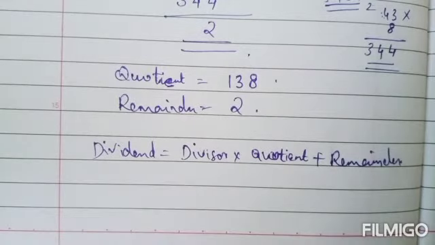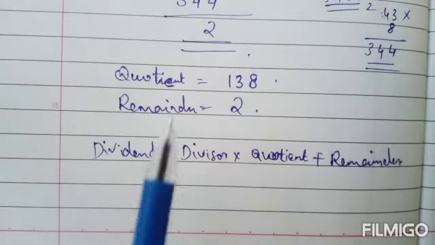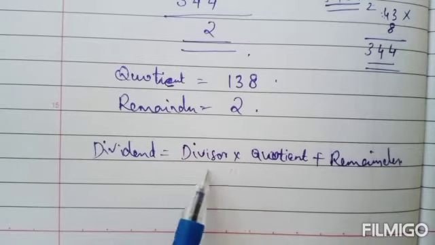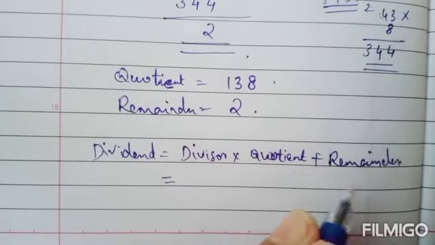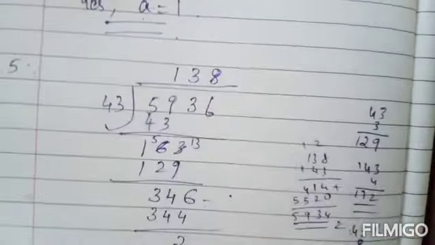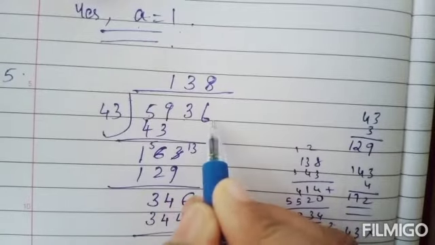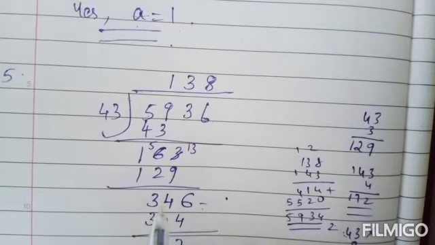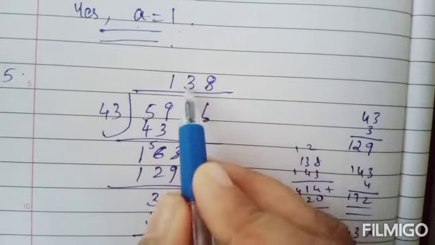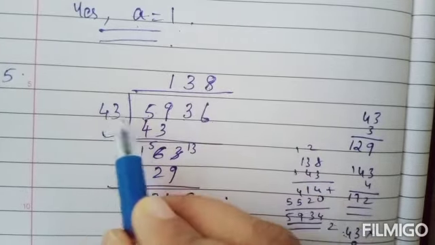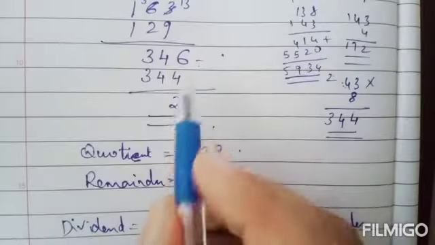Next we have to check our division by using this formula: dividend equal to divisor into quotient plus remainder. Now let us see divisor into quotient plus remainder. If you are getting 5936, it means the division is correct. This is dividend 5936, this is quotient 138, this is divisor 43 and remainder is 2.